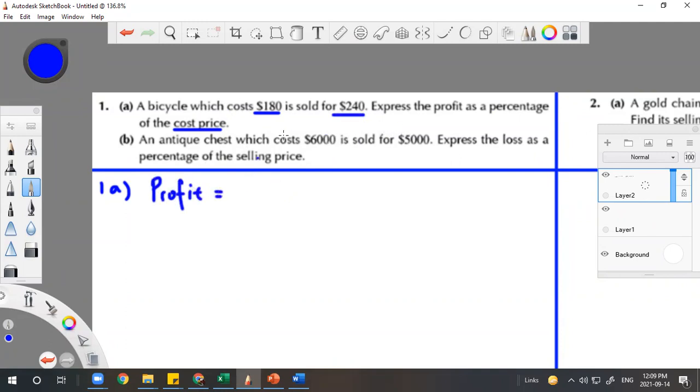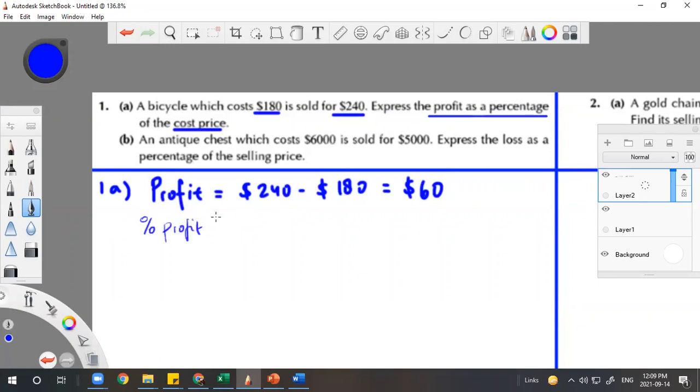You subtract the cost price you buy from the selling price. So you will get $60, right? But you have to understand that the question is not asking you the amount of profit, but the percentage of the profit. So you need to calculate the percent of profit.